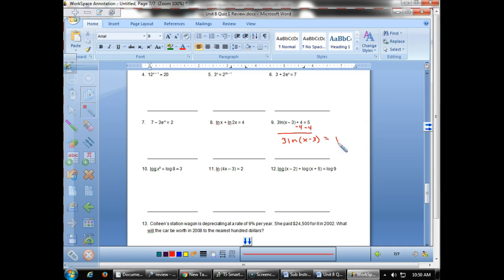So I divide both sides by 3, getting rid of this. Now it's a log equal to a number. It's a rewrite. So when I say rewrite, I mean I have a base of e. I'm going to loop around. E to the 1/3 is equal to x minus 3. So x is going to be equal to e to the 1/3 plus 3, and you leave it just like that.